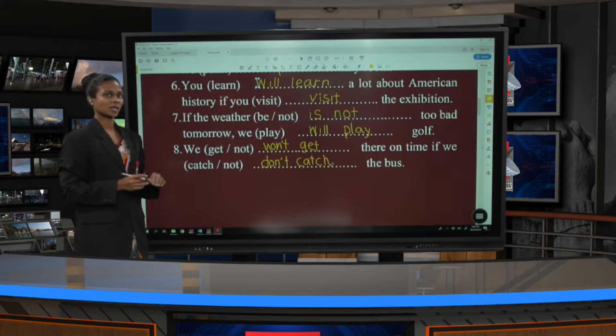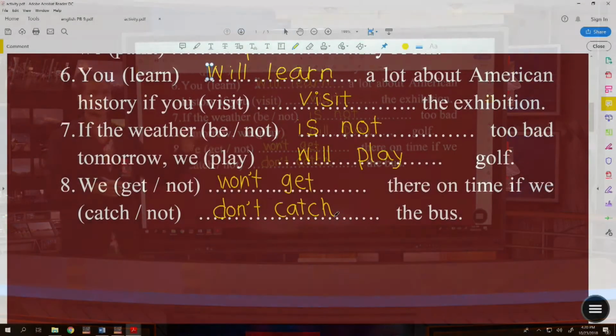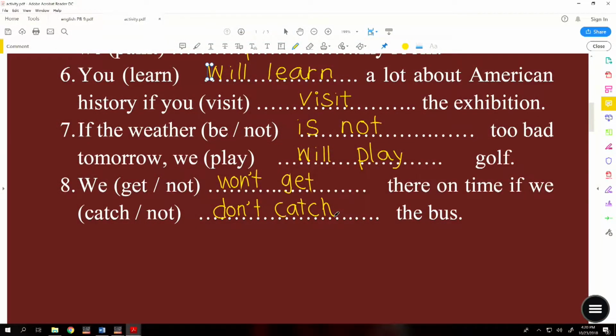Read the sentence again. We won't get there on time if we don't catch the bus.